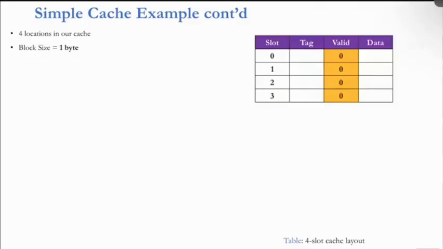Then let's assume that the program counter or the CPU requests memory references, a memory stream like 0, 1, 2, 3, 4, 5, then 2, 3, 7, like that. So a total of 9 requests, and these requests are executed sequentially in a linear manner in the pipeline.